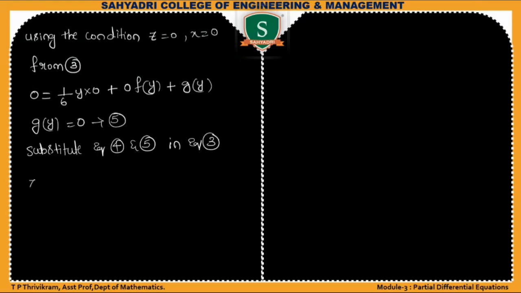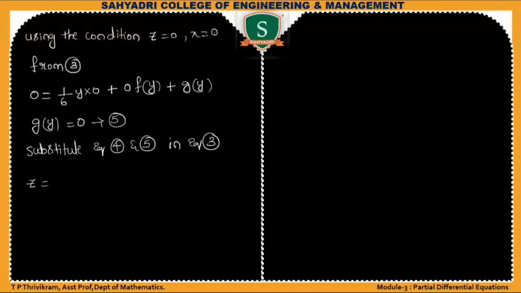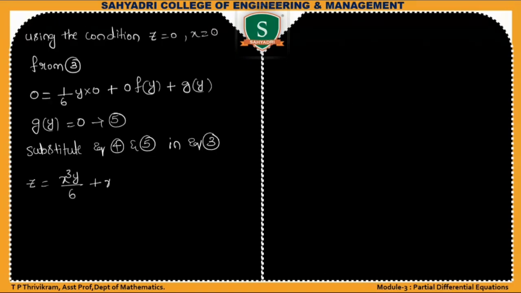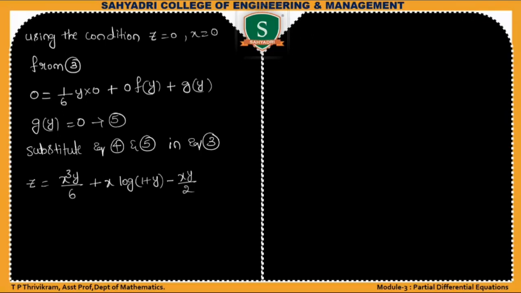So finally z is equal to how much? X cube y divided by 6 plus x into f of y, x into log of 1 plus y minus xy by 2 plus g of y, plus g of y is 0.